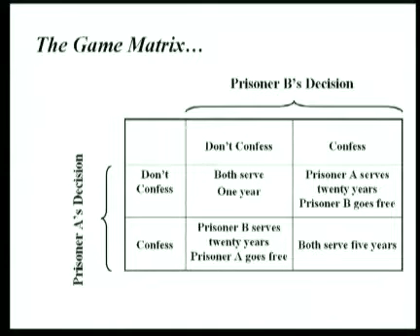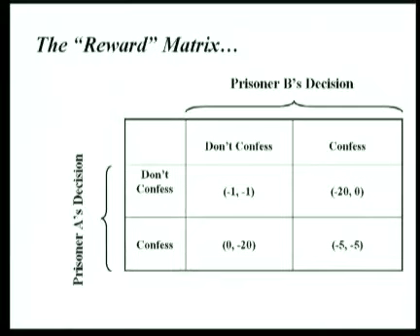So what do you do if you're prisoner A or prisoner B? This is what the reward matrix looks like. The first entry is prisoner A's reward, and the second is prisoner B's reward. So if they both continue to cooperate with one another, they don't confess, they both receive a year in prison.